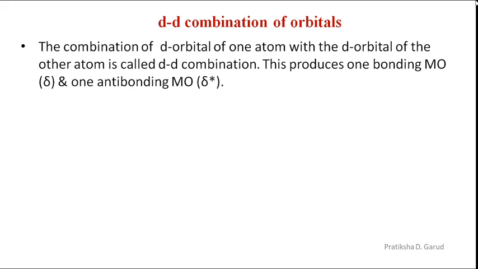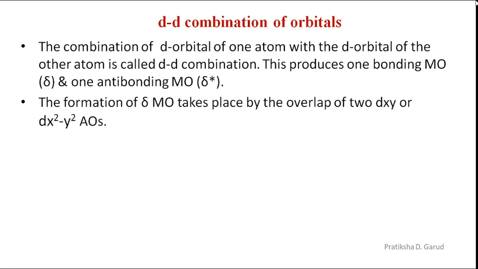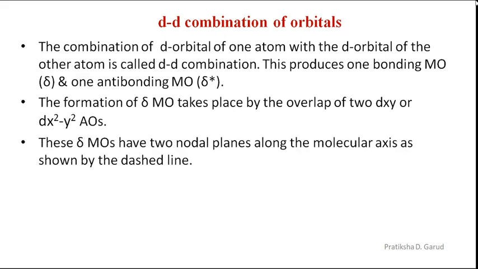One is the bonding, called delta, and another is the antibonding, called delta asterisk. The formation of delta molecular orbitals takes place by the overlap of two dxy or two dx square minus y square atomic orbitals. That means in this combination we can use either two dxy orbitals, or we can use two dx square minus y square atomic orbitals.